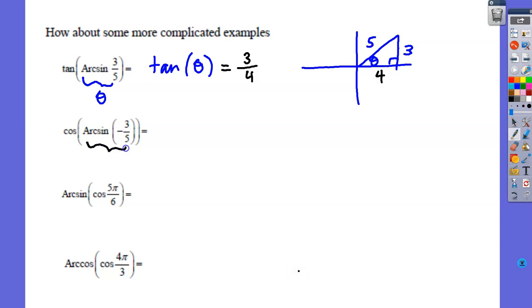Again, this inside is an inverse trig, so I would first rewrite that as cos of an angle, and then figure out what my triangle looks like according to this. Arc sine, capital, remember, sine inverse is only allowed to be in 1 and 4. Because it's negative, it has to be in the fourth. Sine, opposite over hypotenuse. Now you know it's negative. Which one of these has to be negative?